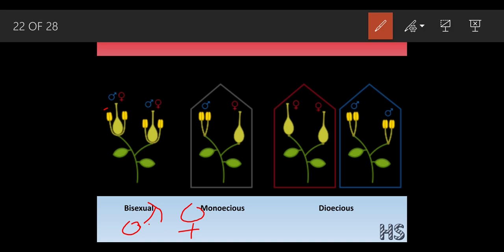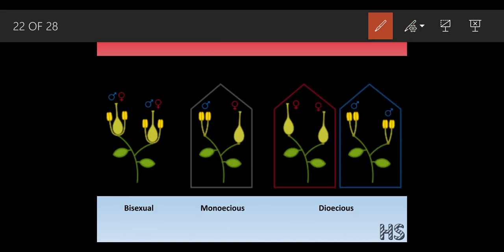What is the meaning of this symbol? The meaning of this symbol is male. Okay, what is the meaning of this symbol? The meaning of this symbol is female. So first we will understand that these are the symbolic forms. Okay, this blue color indicates male and this pink or reddish color indicates female.